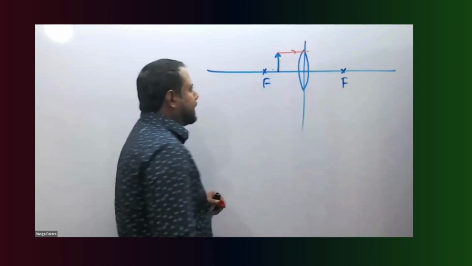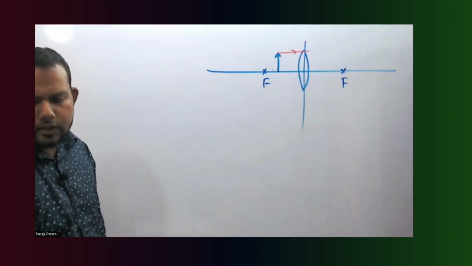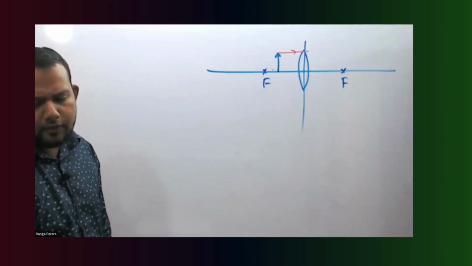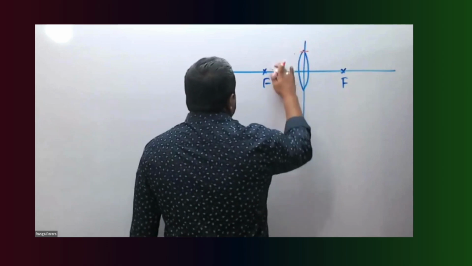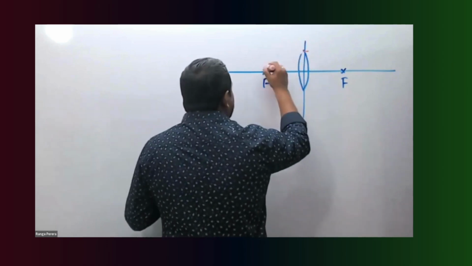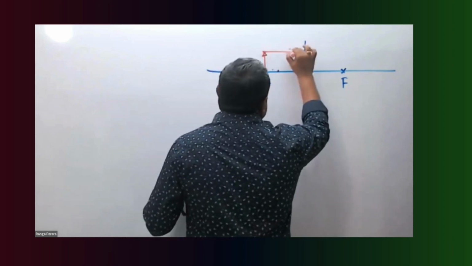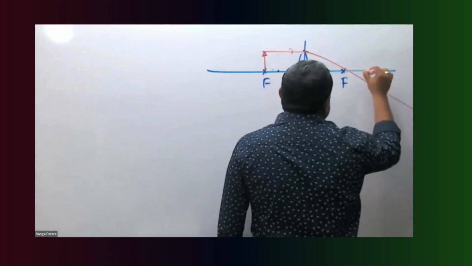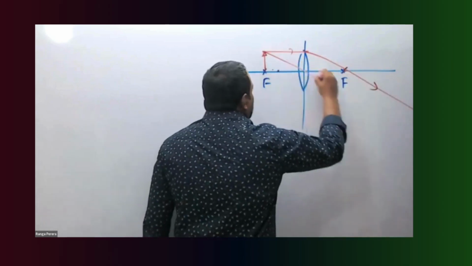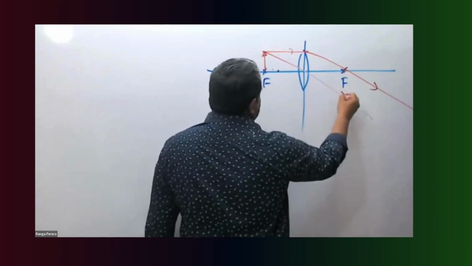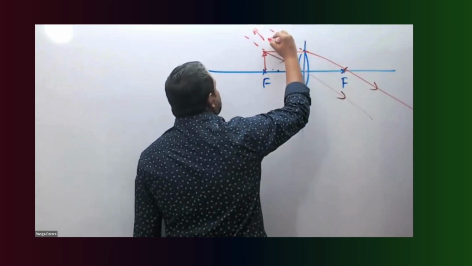To develop the final image at infinity, where is the location of the object? On F, yes, we can't draw like that. We need to arrange the object just inside the focal point. Then the ray goes through the optical center and this line extended goes to infinity.